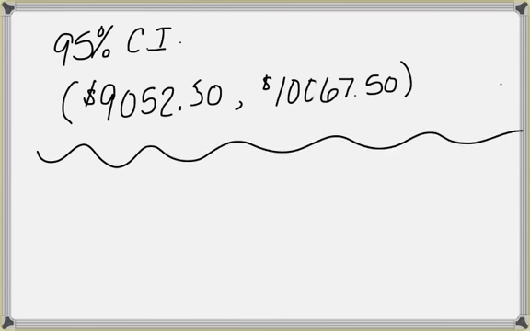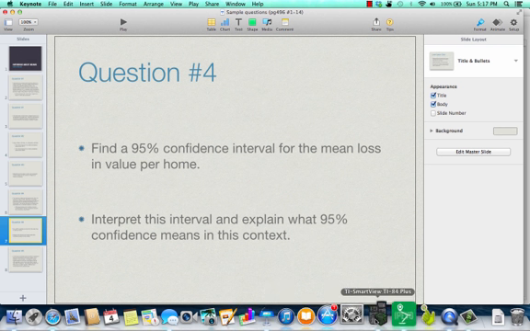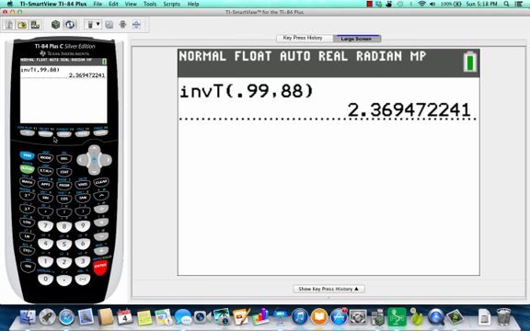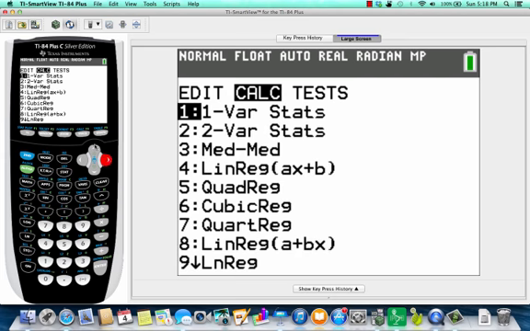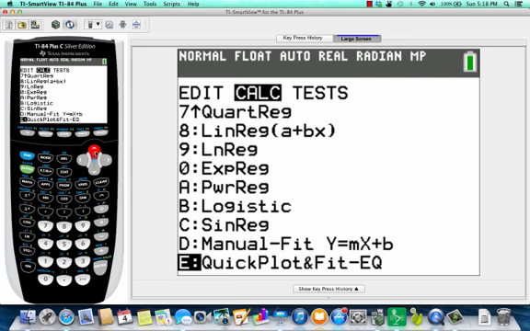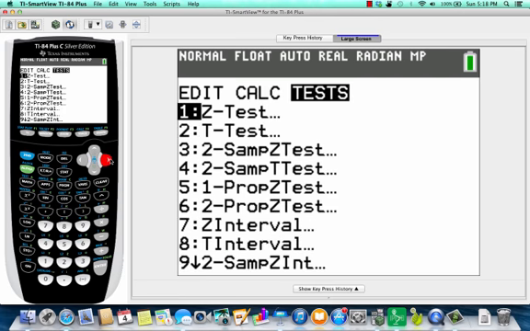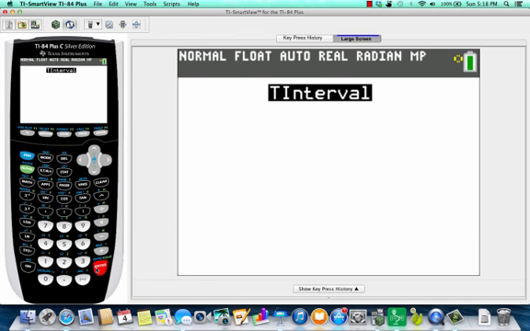And remember, if you wanted to do this on the calculator, let's go to the calculator and we'll do it. We're going to go to T interval. So I'm going to go to Stat, Calc, and let's see. Oh, nope, I want to go to Tests. Sorry. T interval.